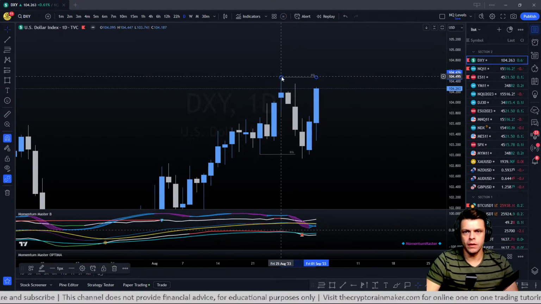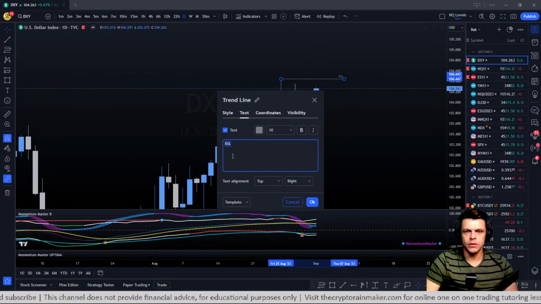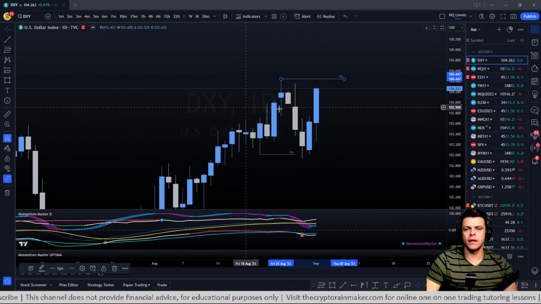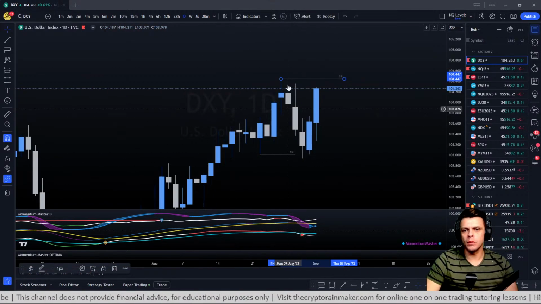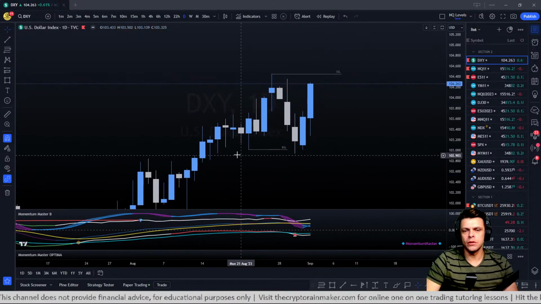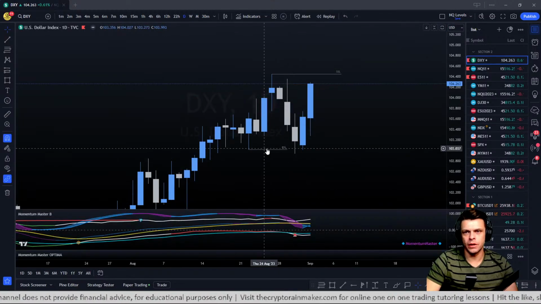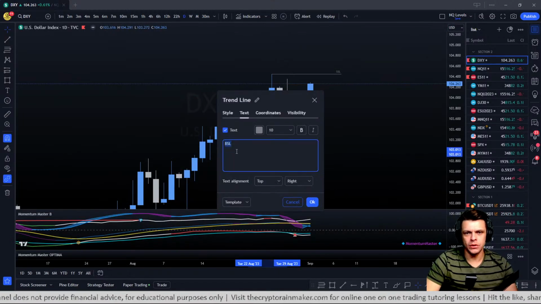Okay, and then right here, this is where the sell side liquidity is residing. So the idea is, if the market makers brought down price to knock out the sell side, or the buy, this is the sell side liquidity, sorry, I had it mixed around.